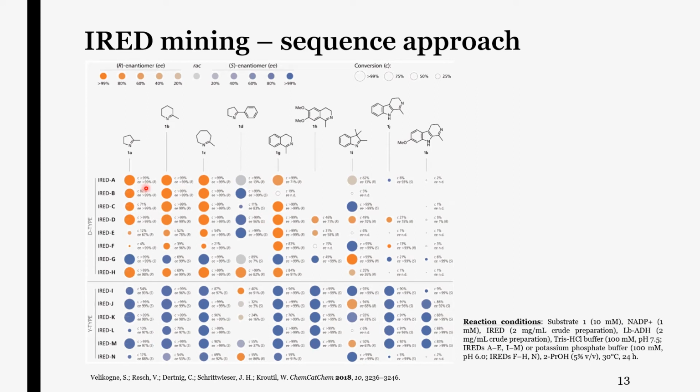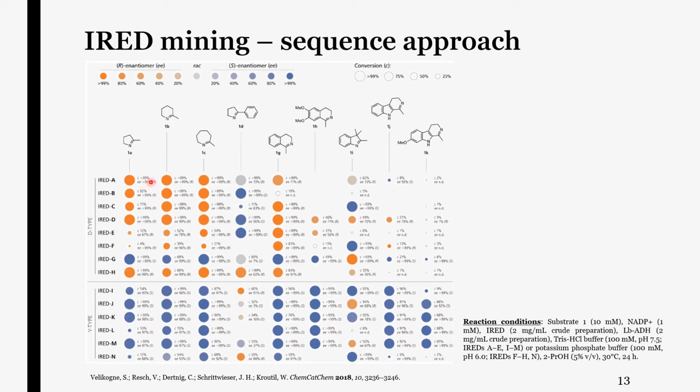Here they tested with these novel imine reductases different kinds of imine substrates. In the dots here they showed the conversion, so the higher the dots, the more the imines are reduced to the chiral amines.